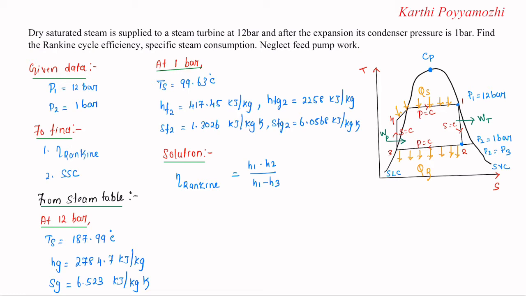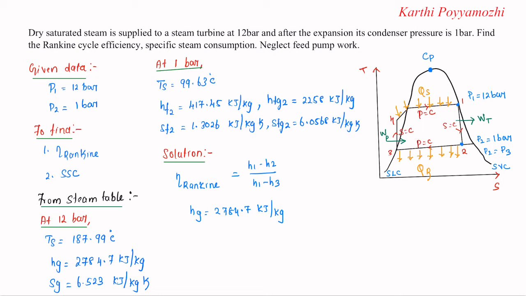Since H1 is the state point 1 and the pressure is 12 bar, the values of Hg and entropy are taken at pressure 12 bar. Therefore, the value of Hg taken from the steam table is equal to 2784.7 kilojoule per kg. This is the enthalpy of the gas at state 1.